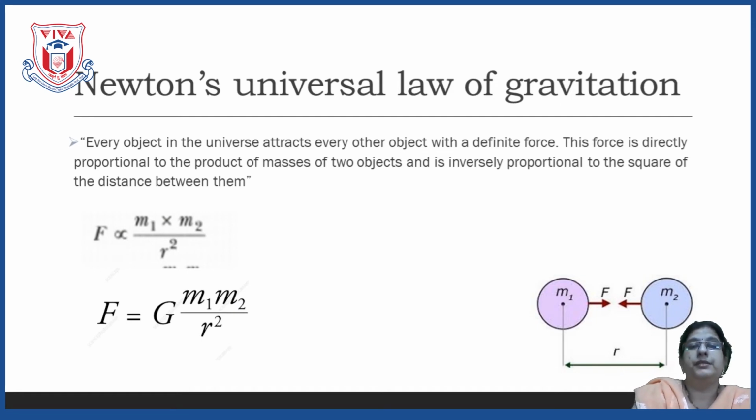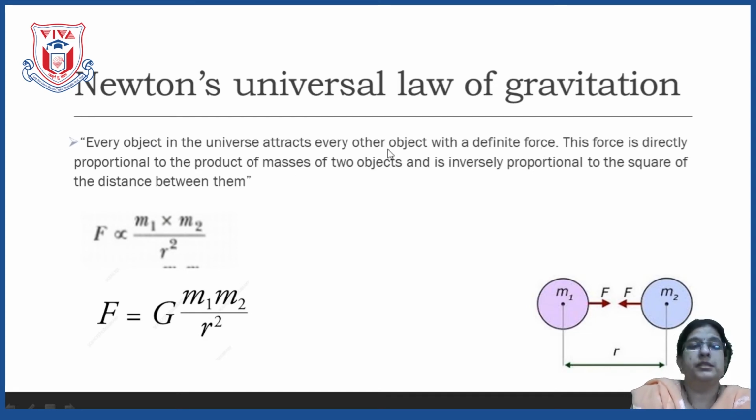So, now let us read the law. What does the law state? This question is for 1 mark: state Newton's law of gravitation. Newton's universal law of gravitation states that every object in the universe attracts every other object with a definite force.